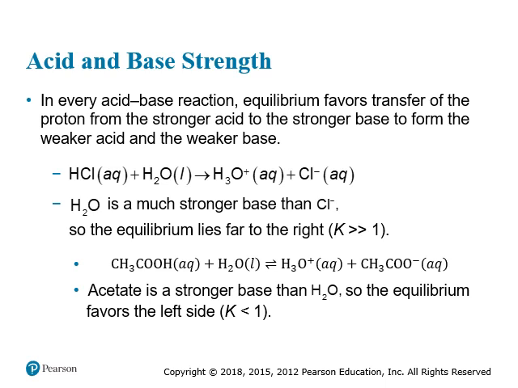Now, since the acetate anion is a stronger base than water, the equilibrium for this system is going to lie to the left, in other words, favoring the formation of reactants as opposed to products. If we were to look at a reaction mixture for acetic acid in water, most of the acetic acid would remain intact as opposed to dissociating into the acetate anion.